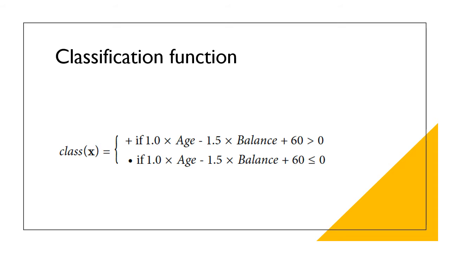This is called a linear discriminant because it discriminates between the classes, and the function of the decision boundary is a linear combination, a weighted sum, of the attributes. In the 2 dimensions of our example, the linear combination corresponds to a line. In 3 dimensions, the decision boundary is a plane, and in higher dimensions, it is a hyperplane.